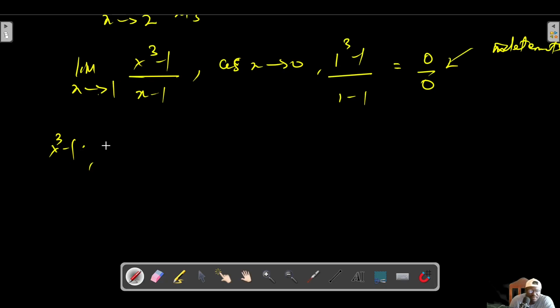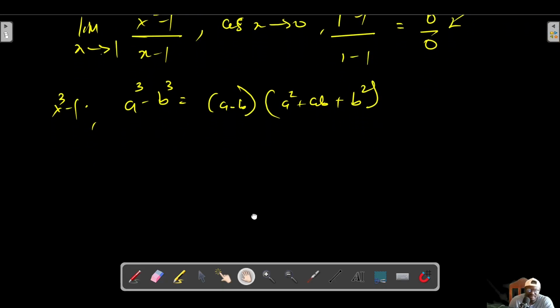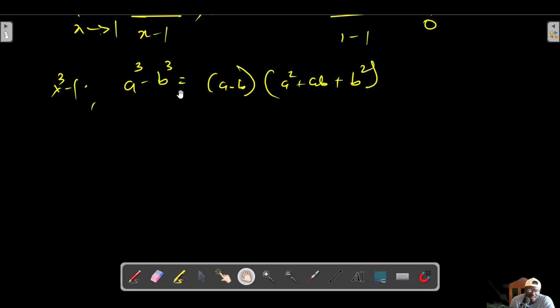Now you remember from algebra, the difference of two cubes can be written as a minus b multiplying a squared plus ab plus b squared. You remember this? I can actually prove this, but I don't think it's necessary. I strongly believe most of you remember this because we were really using this expression in algebra way back in high school.